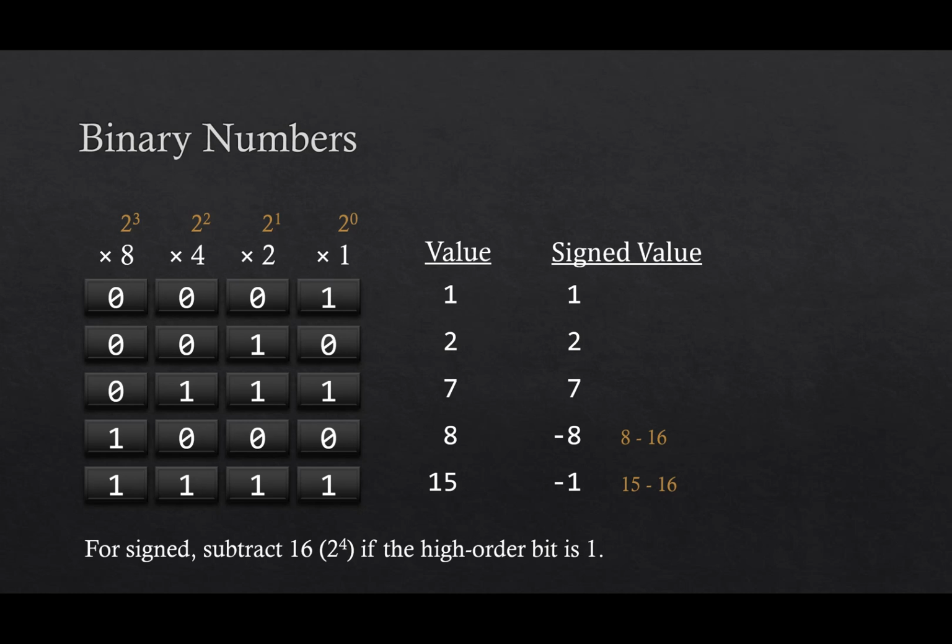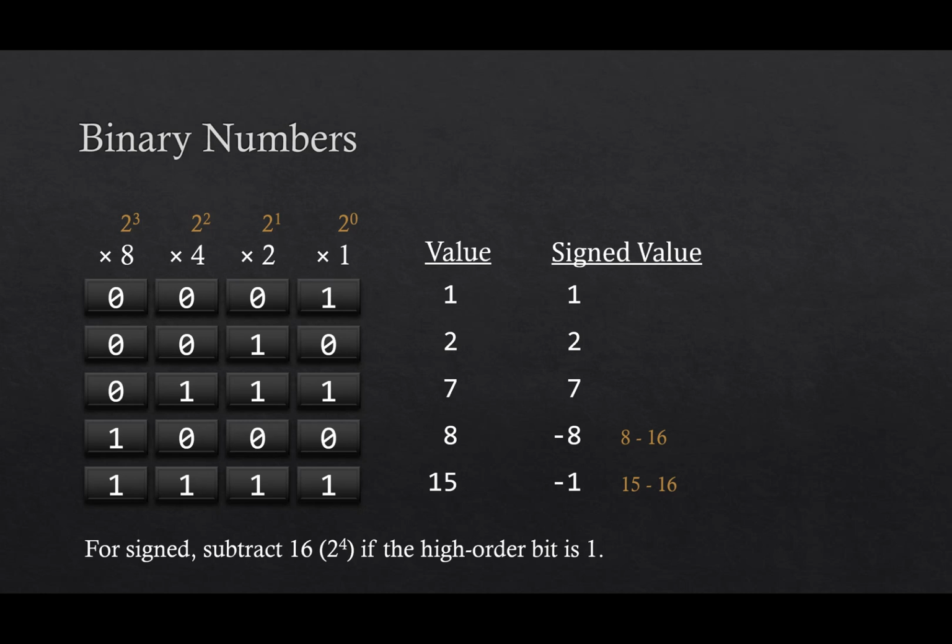And that's an interesting case because all the bits are 1. It's always going to work out, even if we have 8-bit, 16-bit, or larger numbers, that if all the bits are 1 and we're treating this as a signed number, that's going to be negative 1. Because the value we're subtracting is 2 to whatever the number of bits is. Let's say for an 8-bit number, it's 2 to the 8, which is 256.